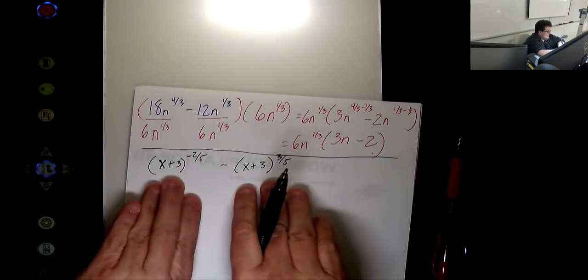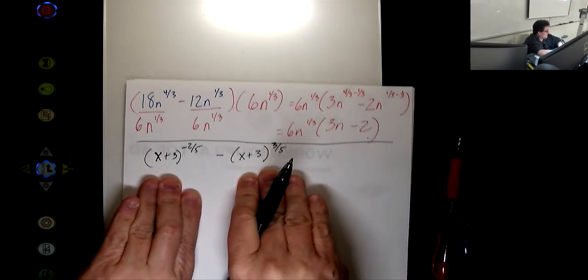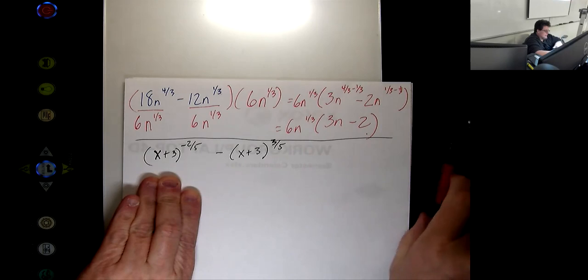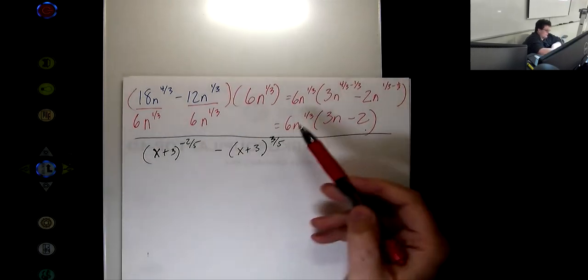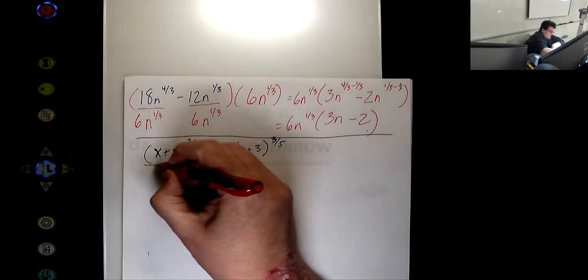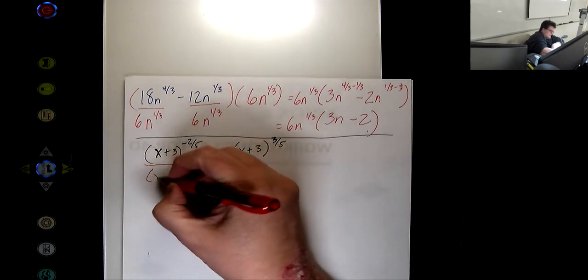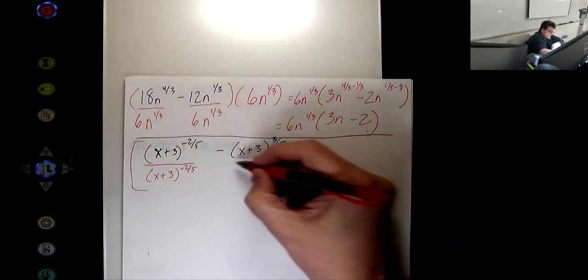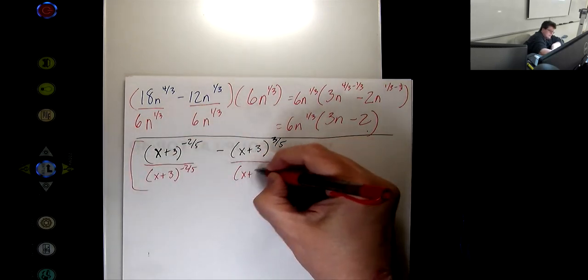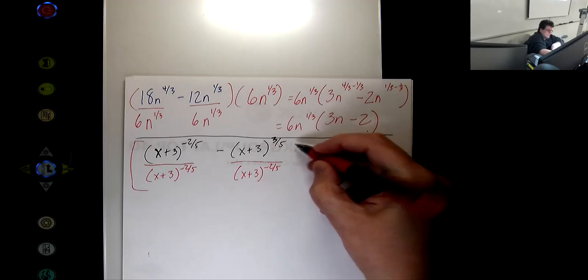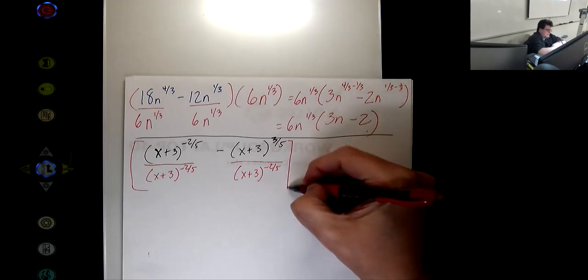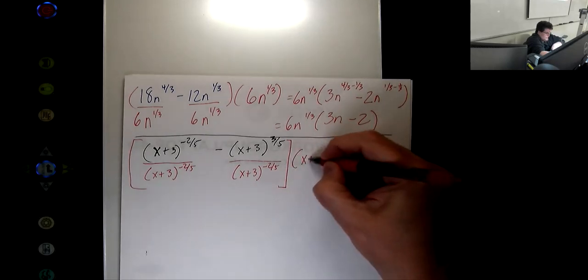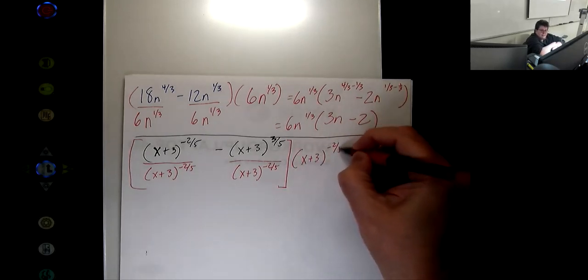These things are identical, so we can look at their exponent and ask, which one is the lowest? -2/5 is lower, right? We're going to divide each of these by x plus 3 to the -2/5. And that puts an x plus 3 to the -2/5 on the outside.